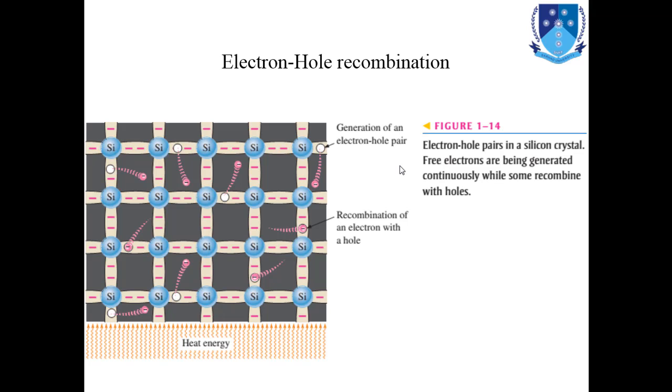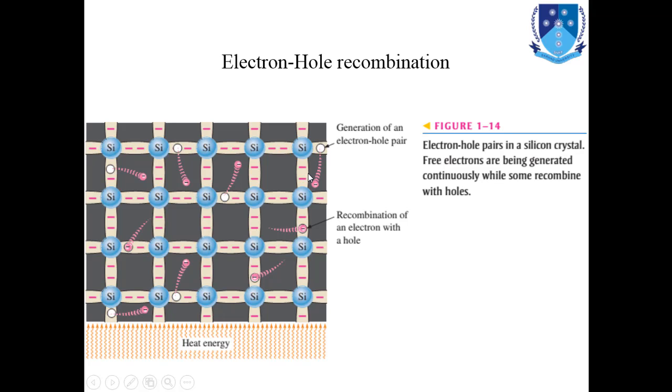Here in figure 1.14 we can see an electron-hole pair in the crystalline structure of silicon. The free electrons are being generated continuously while some recombine with the holes. Here you can see that in the upper right portion, generation of an electron-hole pair occurs, meaning that an electron from the crystal leaves its valence band and becomes a free electron, and it leaves a hole behind.